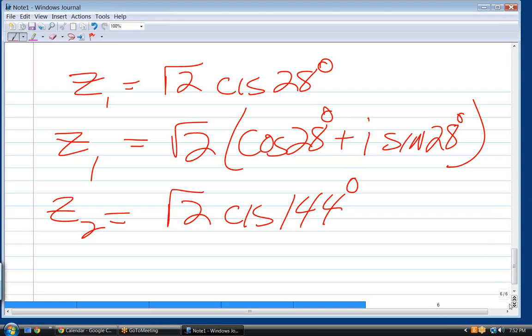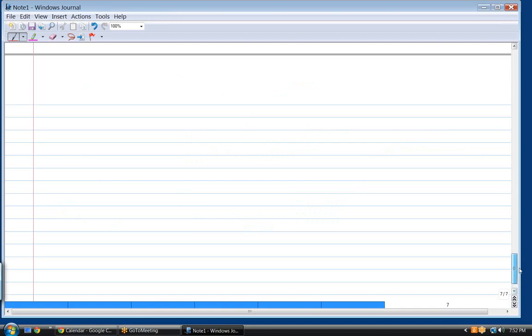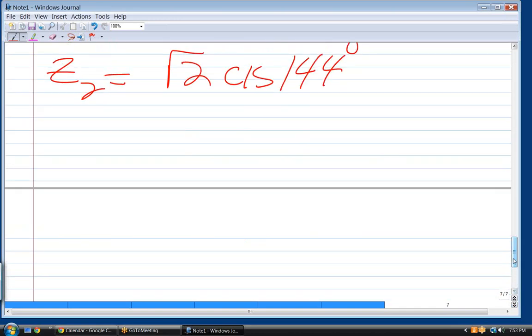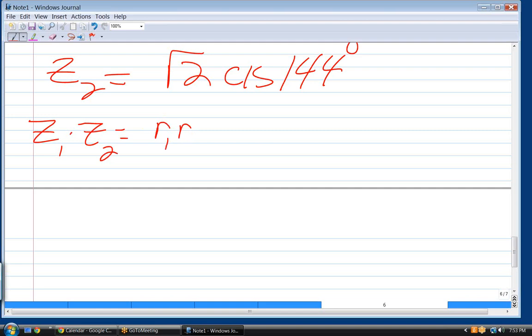De Moivre's Theorem says that Z1 times Z2 is equal to R1 times R2 times cosine of theta 1 plus theta 2.